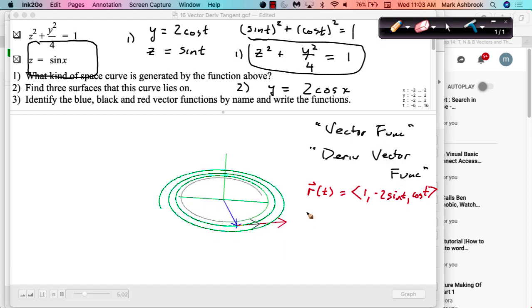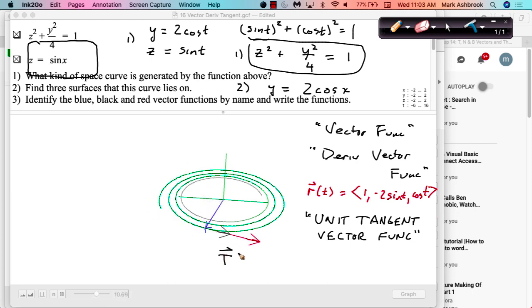It's unit because it always has magnitude of 1. Tangent because it's tangent to the curve. And vector function: unit tangent vector function. That's called capital T. So what's its magnitude?